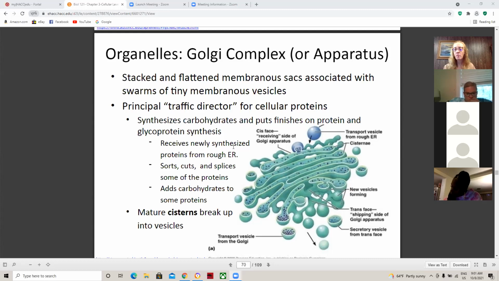Remember what proteins are synthesized in the rough ER? Proteins that are going to become part of the plasma membrane or will be exported from the cell.